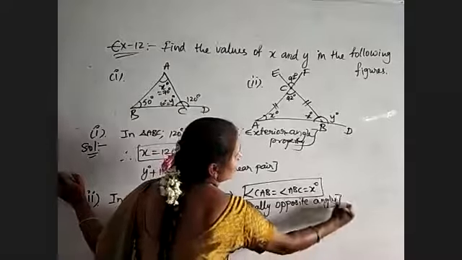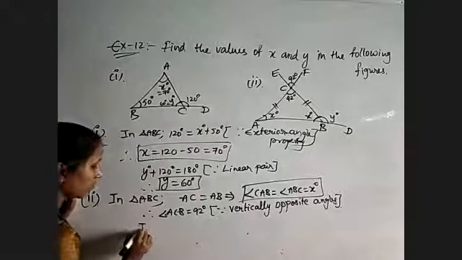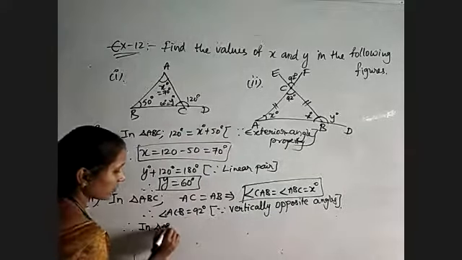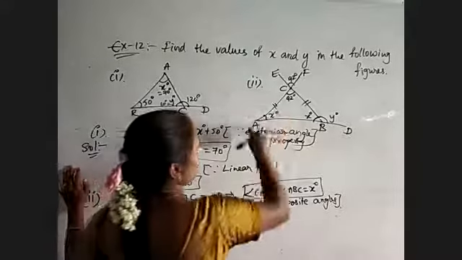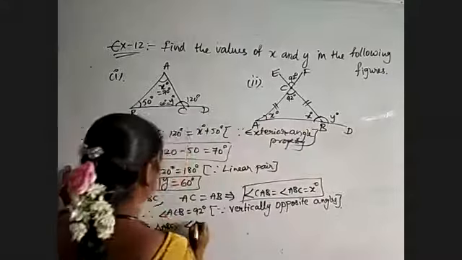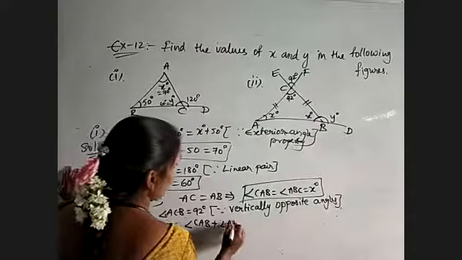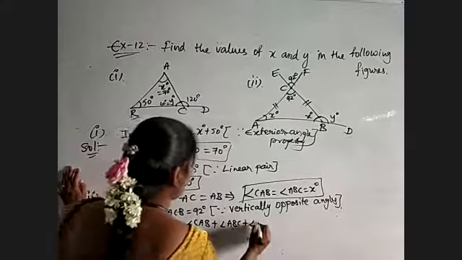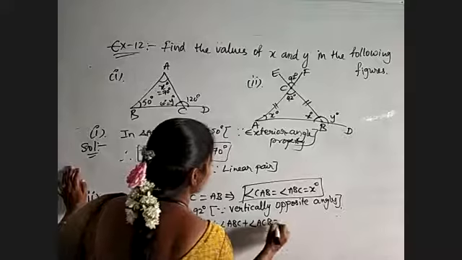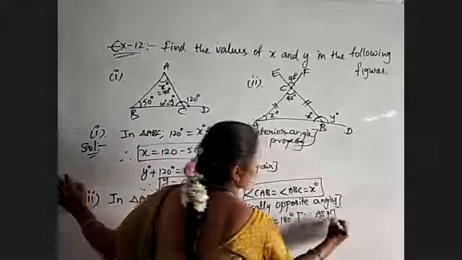That's all. Now use the angle sum property. Therefore, in triangle ABC, angle CAB plus angle ABC plus angle BCA or ACB is equal to 180 degrees by using the angle sum property of a triangle.